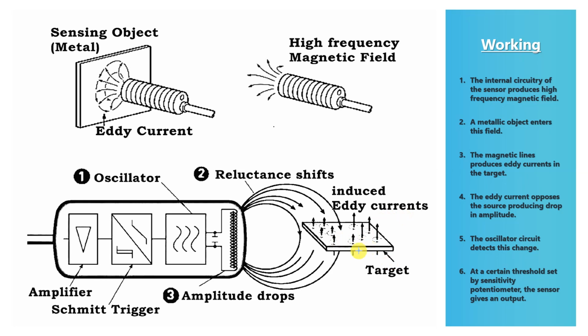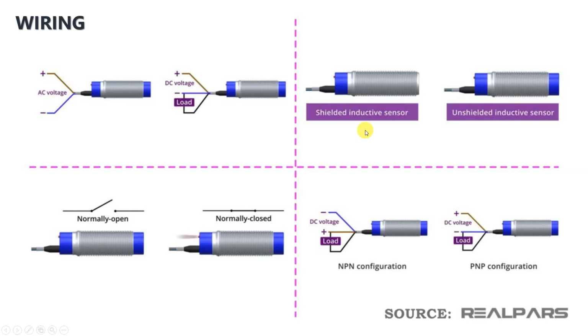Now they generate their own magnetic field which opposes the source, that is the original electromagnetic field of the sensor. This will load the oscillator circuit, and after a certain threshold, which is fine tuned by the sensitivity adjuster, the sensor will generate an output signal. So this is the working of an inductive proximity sensor.